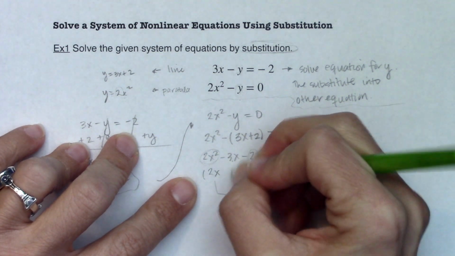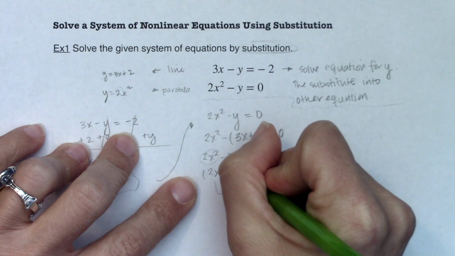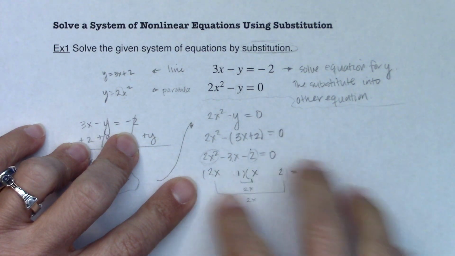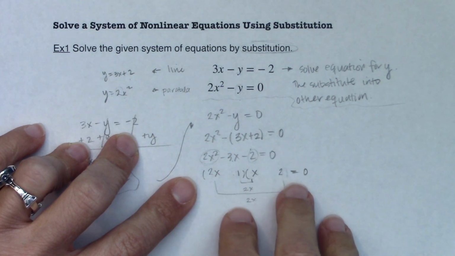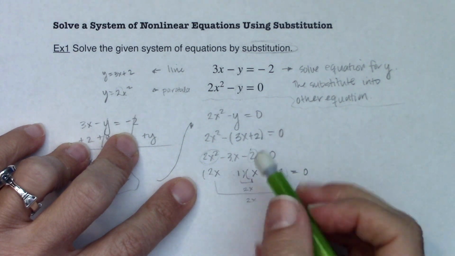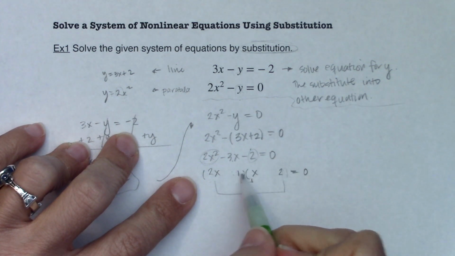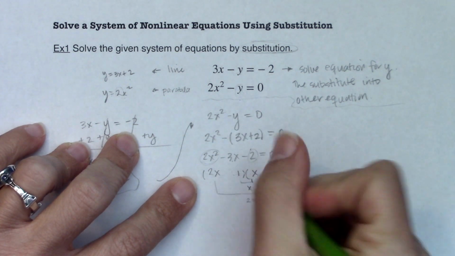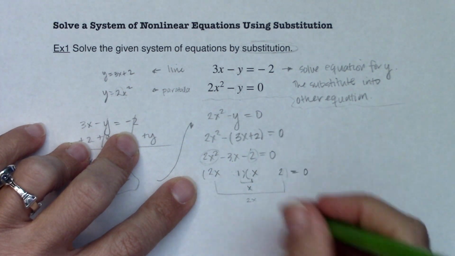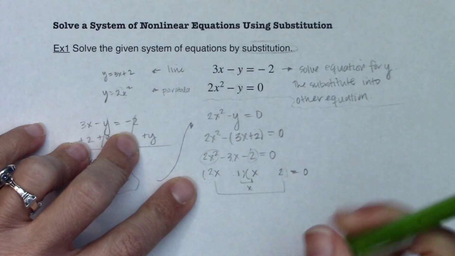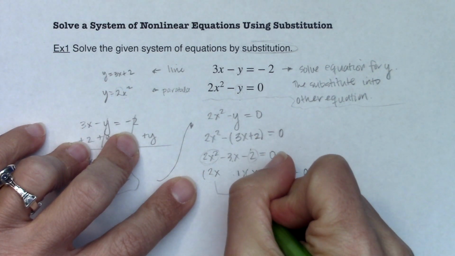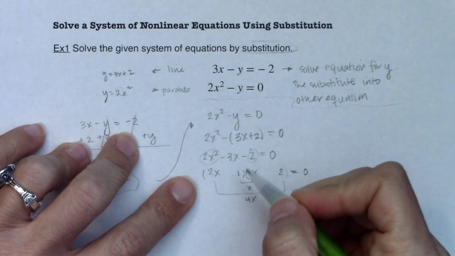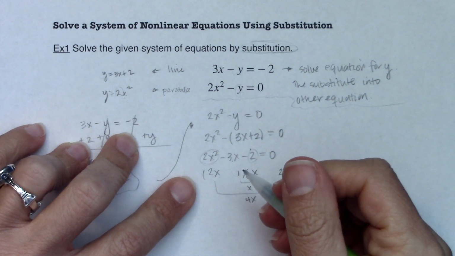All right, let's try 1, 2 the other way. And if this doesn't actually factor, then I am going to go to the quadratic formula. But now if I look at inner, 1 times x is just x. And outer, 2x times 2 is 4x, and there is a way to get 4x and x to add or subtract to -3x.